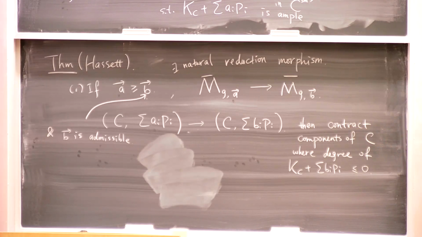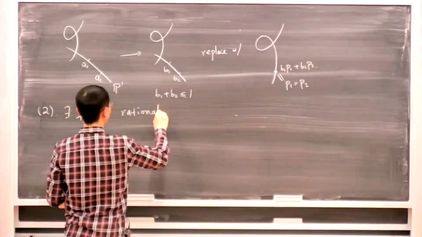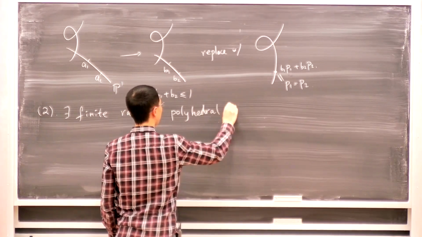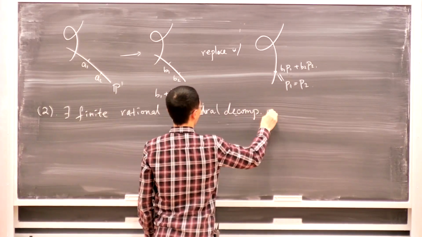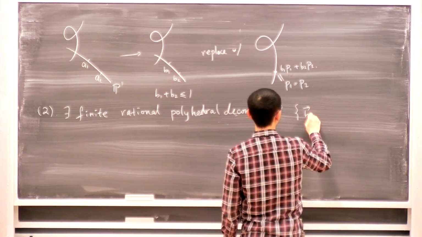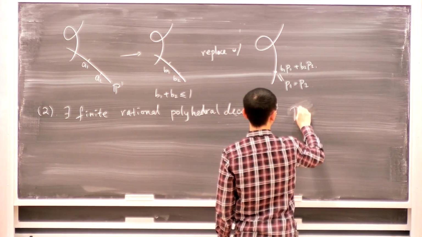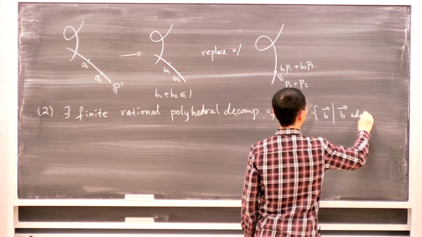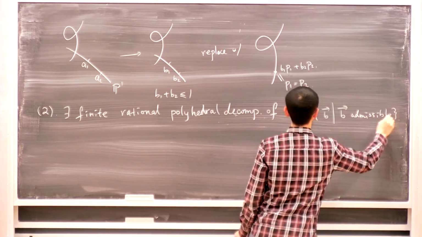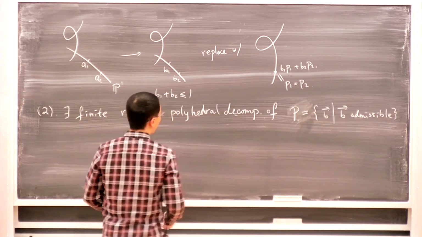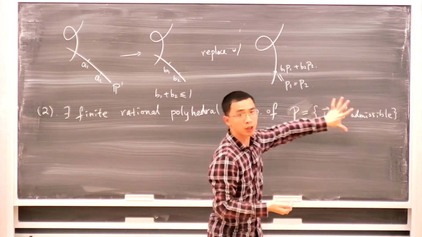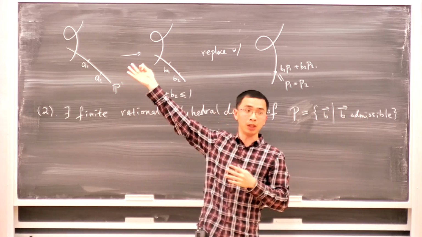So there exists a finite and rational polyhedral decomposition of the set of admissible weights. As I recall, this basically means that the moduli space there is non-empty. And what does the decomposition do? Basically, it's a decomposition corresponding to the different models that you see over there.